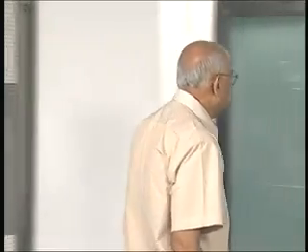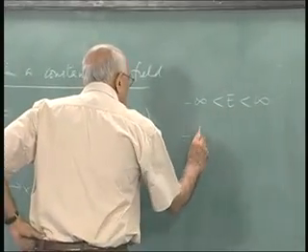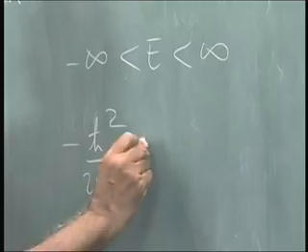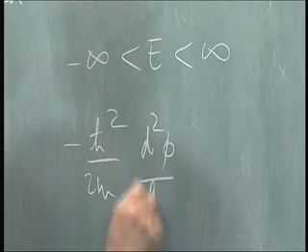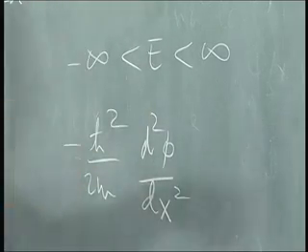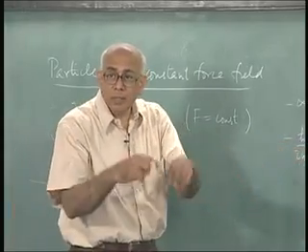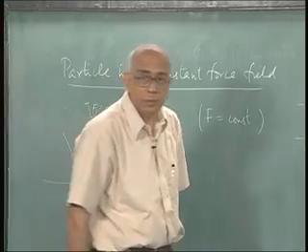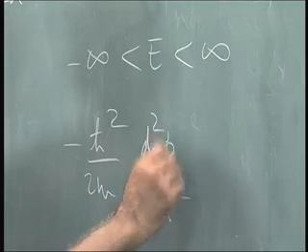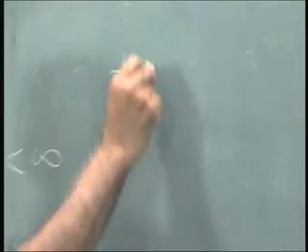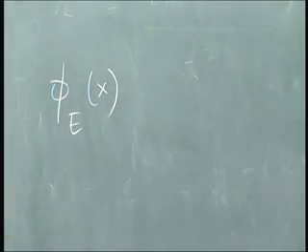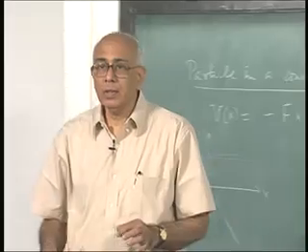Now let us see if we can solve this problem. We write down the Schrodinger equation for energy eigenvalues. It is minus h cross squared over 2m d2 phi over dx2. I am looking at stationary states of the system with some given value of energy E. So I should really write phi E of x as the position space representative of a stationary state corresponding to energy E, and E is a continuous spectrum from minus infinity to infinity.